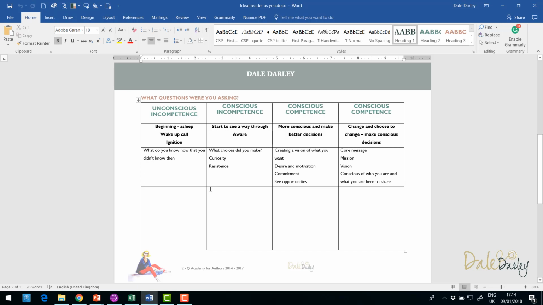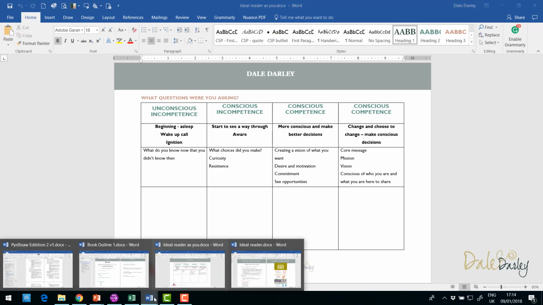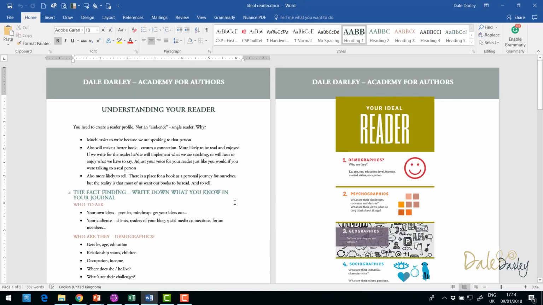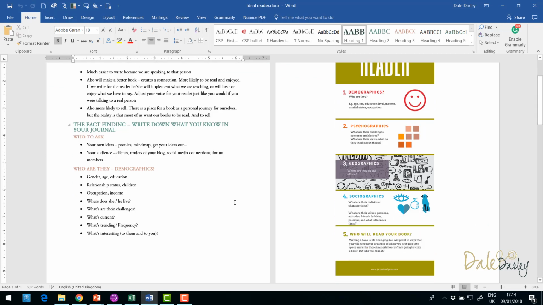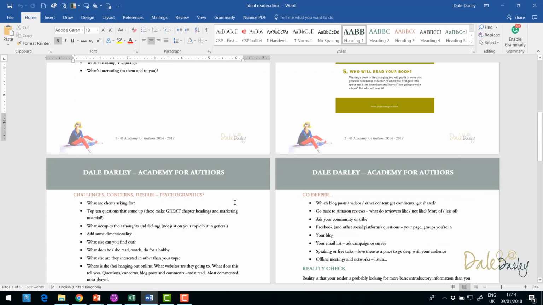And then you start to see a way through and you become aware. Then you start to make more conscious decisions. And then you just do whatever it is that you've learnt. But by going back and looking at this as you, we get a better understanding of what that journey is. Now, of course, the other things we need to look at in terms of our ideal reader is some of the demographics. We need to create some kind of archetype about them.